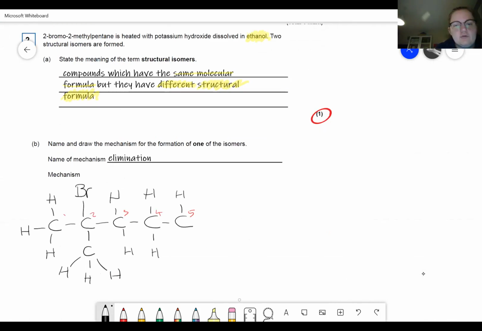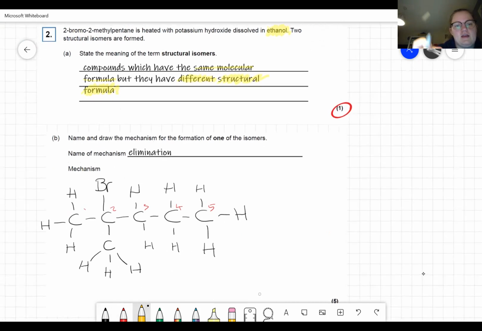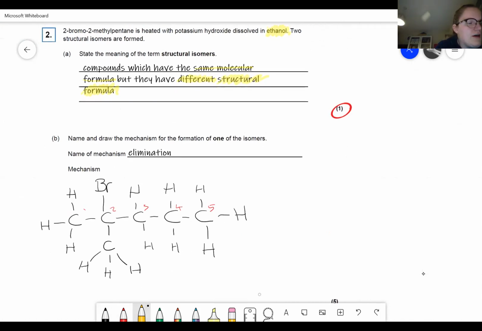So that's important to add on. Here we go. So we've got 2-bromo-2-methylpentane drawn on. Let's add on our hydroxide ion. We don't need to actually show it as potassium hydroxide. We can literally just show it as a hydroxide ion. So I'm going to draw that in a different colour just for the sake of making it clear that it's our hydroxide nucleophile. That is going to come in here. OH.